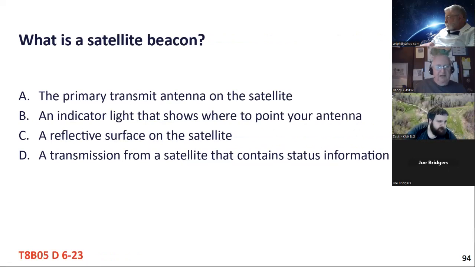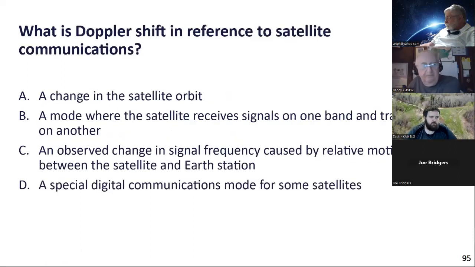Okay, that would be D, a transmission from a satellite that contains status information. What is Doppler shift in reference to satellite communications? That is C, an observed change in signal frequency caused by the relative motion between the satellite and the Earth station.